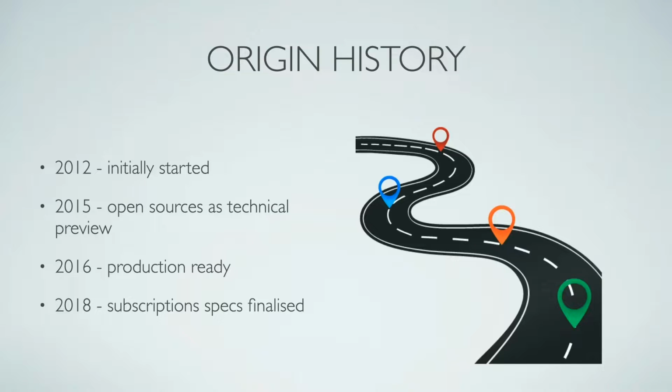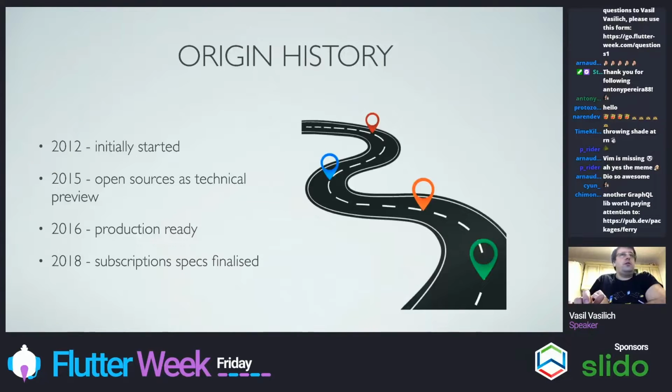A little bit of history. In 2012, the initial development started, and 3 years later, Facebook open sourced the technical preview. It was so popular and widely adopted that in only 1 year we got the production-ready specs and reference implementation. And the last step was in 2018 when they finalized the subscription specs.